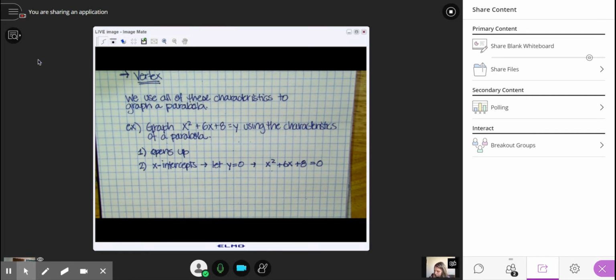We want to use one of our many methods to solve for x. We can factor it, we can complete the square, we can use quadratic. Any of those are fine. I usually recommend that we look at whether or not we can factor. Are there two numbers that when multiplied give you 8 and when added give you 6?